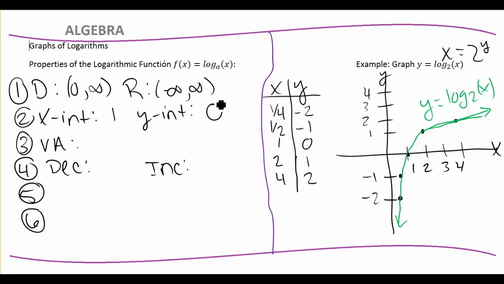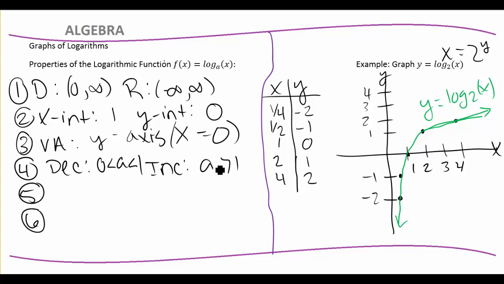Number 3, the vertical asymptote. It's not the y-axis, it's x equals 0. Sorry. x equals 0 is our vertical asymptote. Number 4, the logarithmic function is decreasing when a is between 0 and 1, and increasing when a is greater than 1.